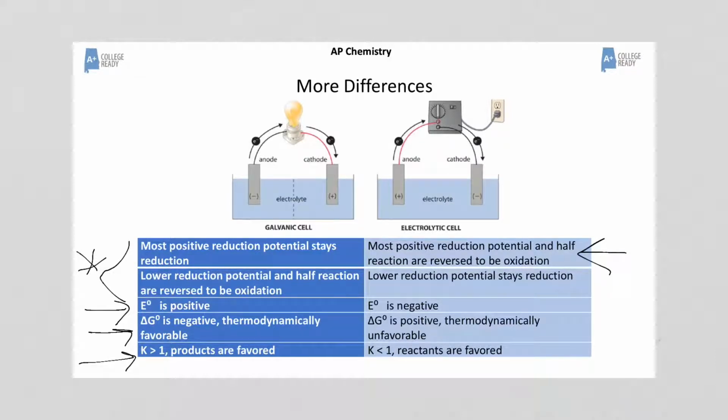The lower reduction potential stays reduction. When you take those two together and add them, you will always get a negative cell potential. And because that cell potential is negative and you plug it into the delta G formula, you're going to get a positive value. And then K is going to be less than 1 because this is a reaction that favors reactants. It's the energy you're adding, forcing a non-favorable reaction to happen.